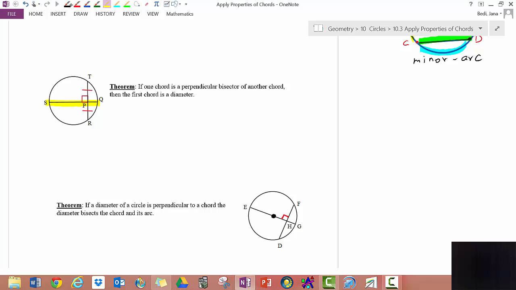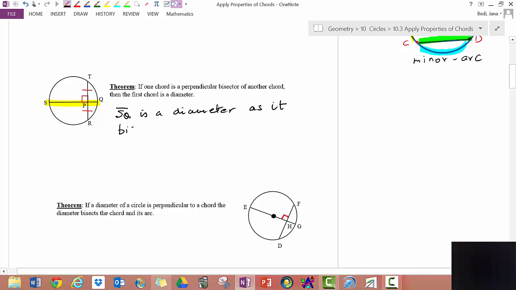So we can conclude from here that segment SQ is a diameter as it bisects chord TR perpendicularly, and that perpendicularly is important.